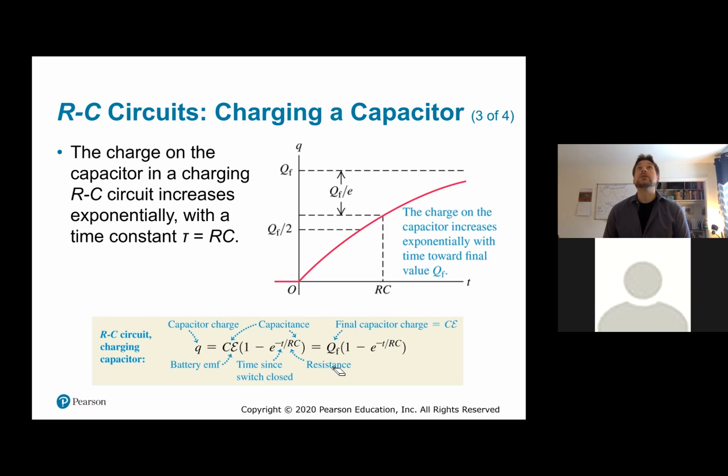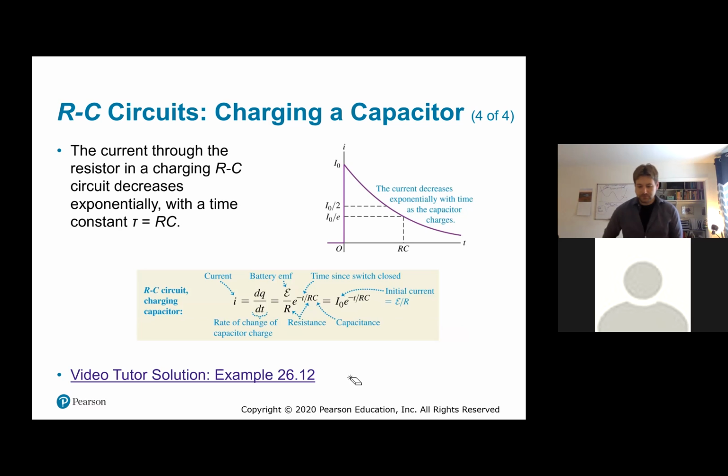We could divide this equation by the capacitance to talk about the potential difference across the capacitor. Here we do the differentiation, and we end up with a maximum current at the beginning and an exponential decrease as charge builds up on the capacitor, which makes sense given what all we've talked about.